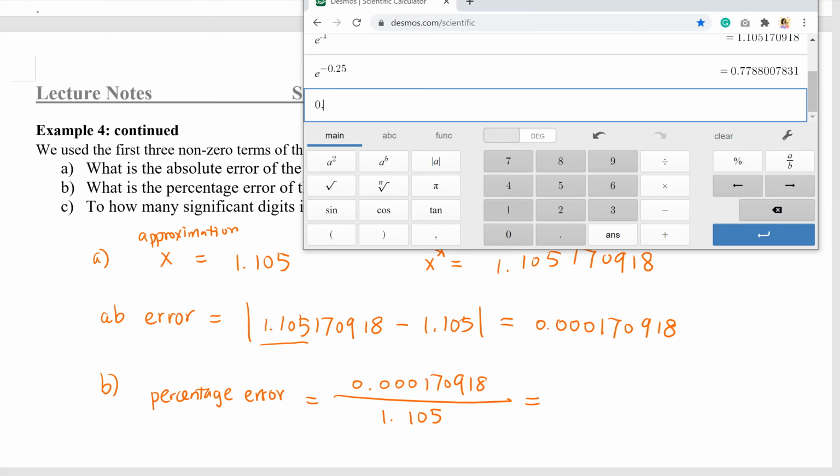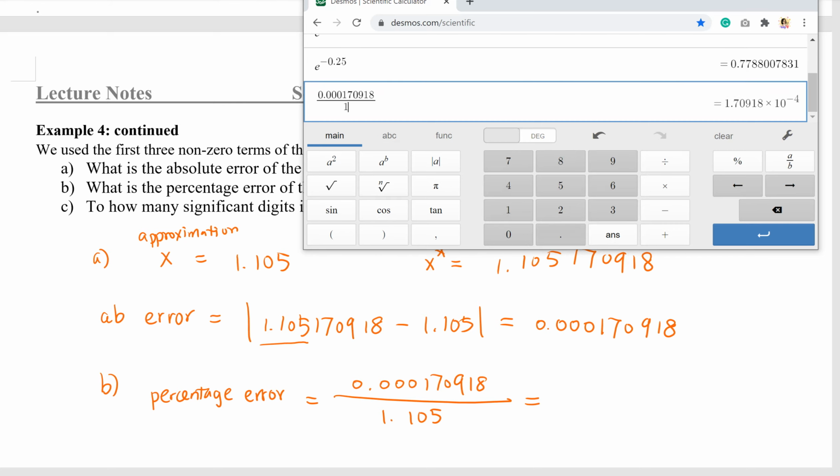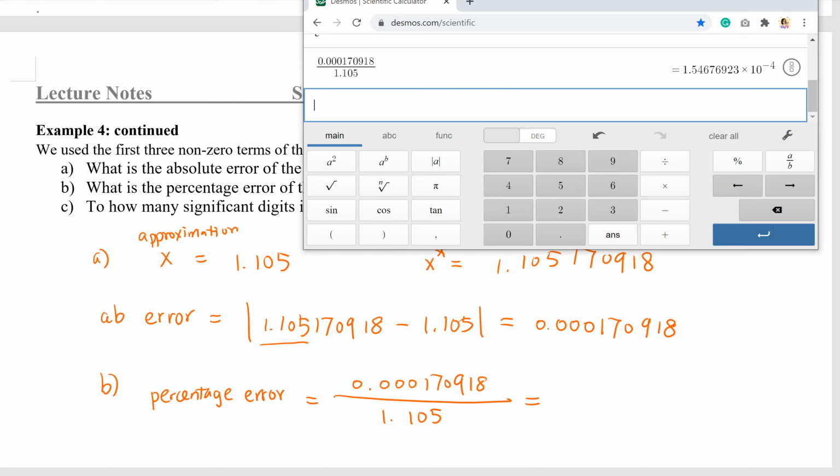So 0.000170918 divided by 1.105 equals 1.546769.